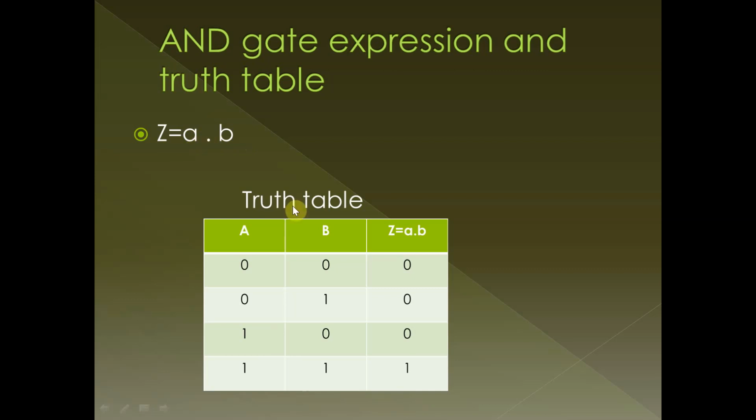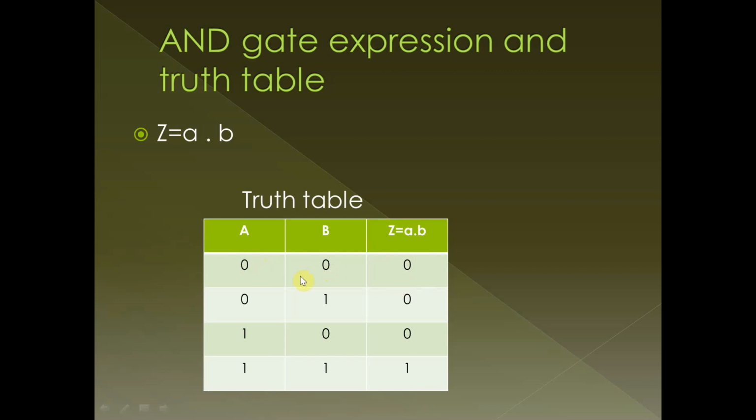Now, for two inputs, we can have 2 power 2, that is 4 different combinations of input that can be given to this AND gate, and we receive 4 different outputs. First, if A is supplied with 0 and B is supplied with 0, we get an output 0.